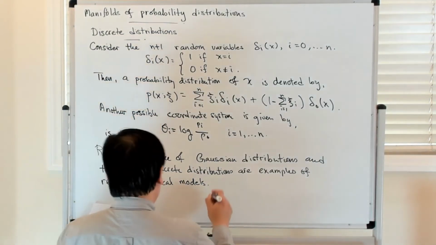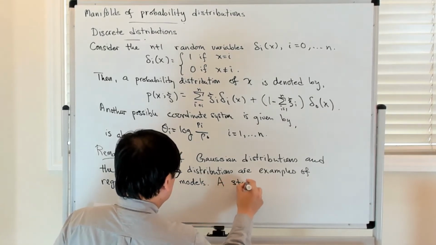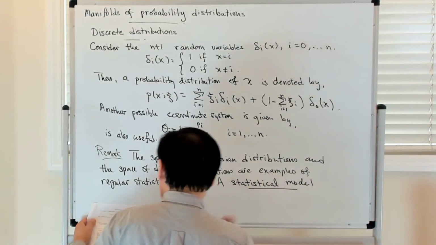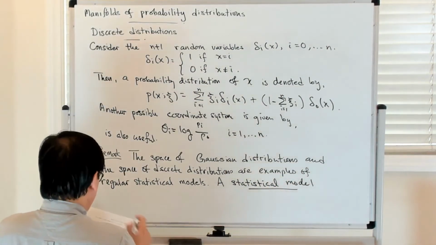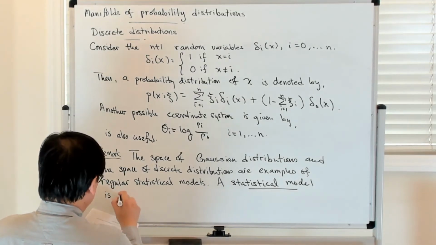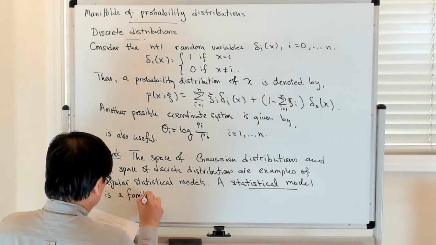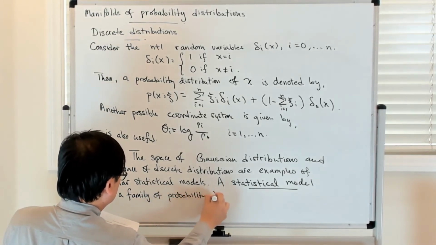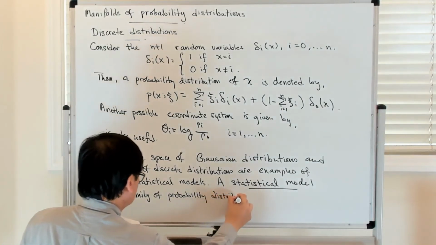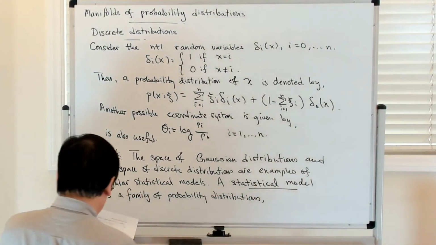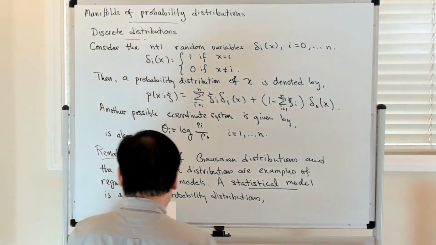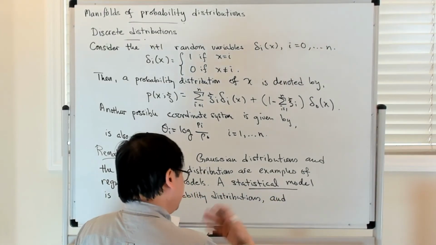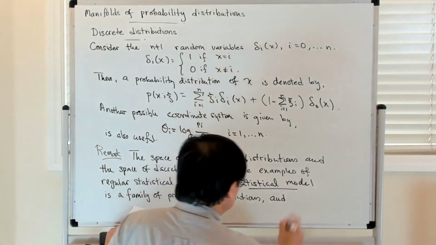So a statistical model, right, is a family of probability distributions, and when it satisfies certain regularity properties, we refer to it as a regular statistical model.